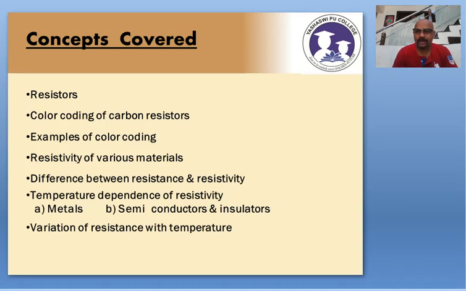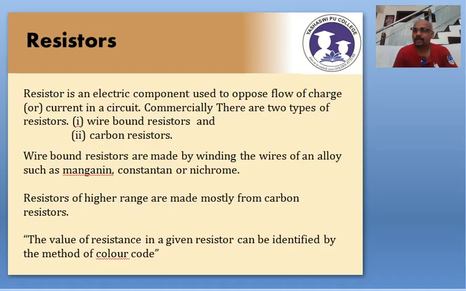Now we'll straight away move on to the resistor. As you all know, a resistor is a device used to oppose the flow of charges, the flow of current in a conductor, in a circuit. So resistance R is equal to V divided by I, you know.